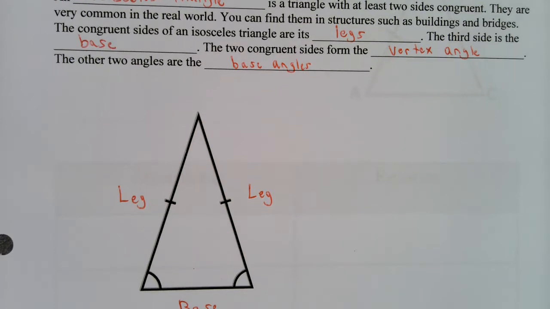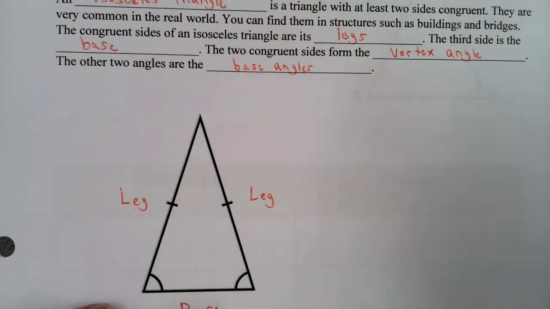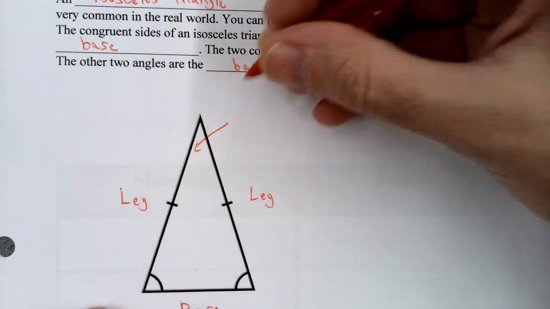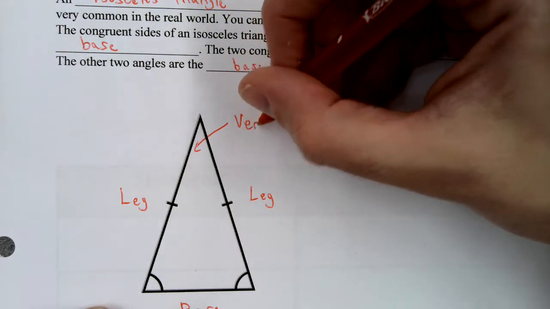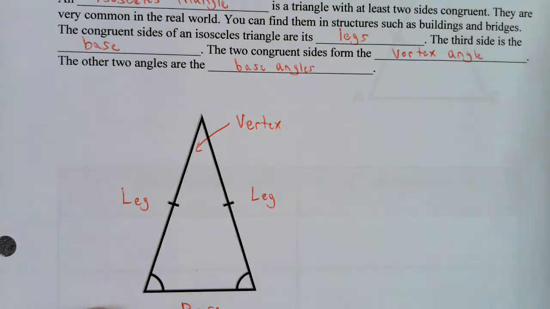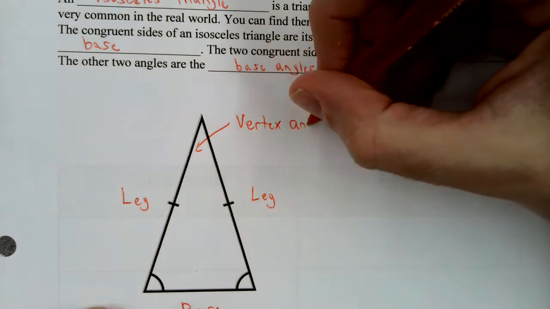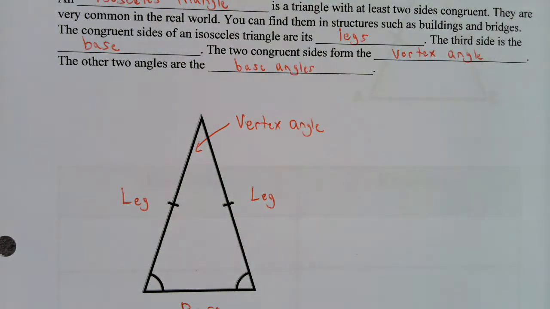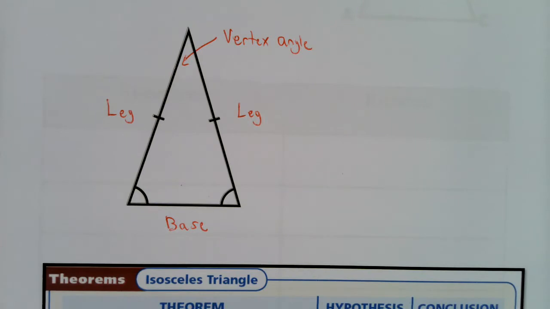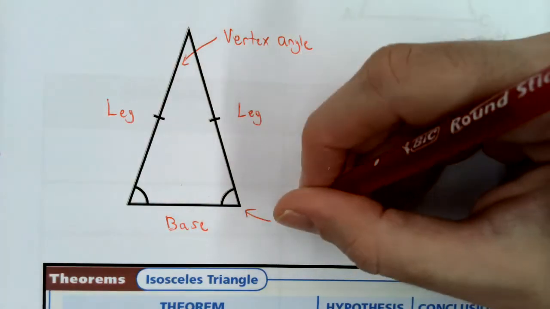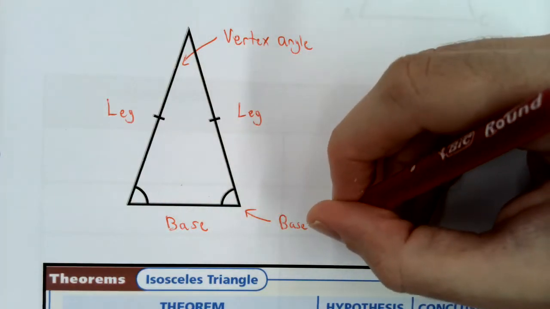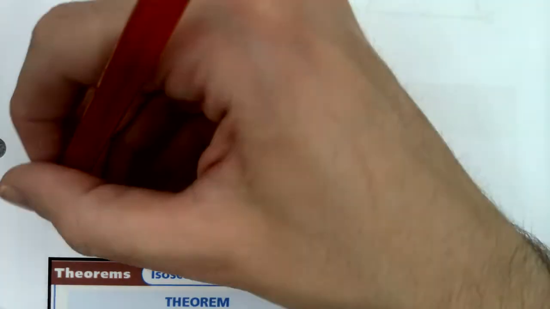The two congruent sides form the vertex angle, so that is the vertex angle. And the other two angles are called base angles. So that's a base angle, and this is a base angle.